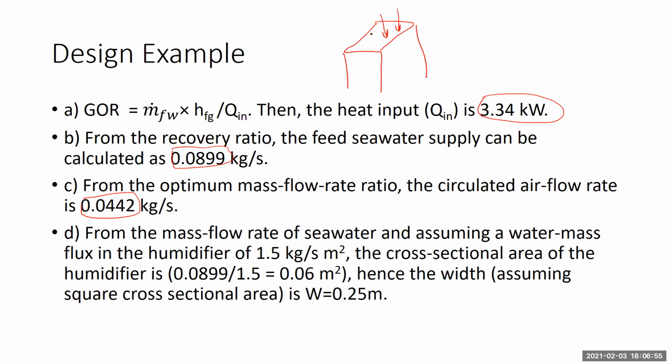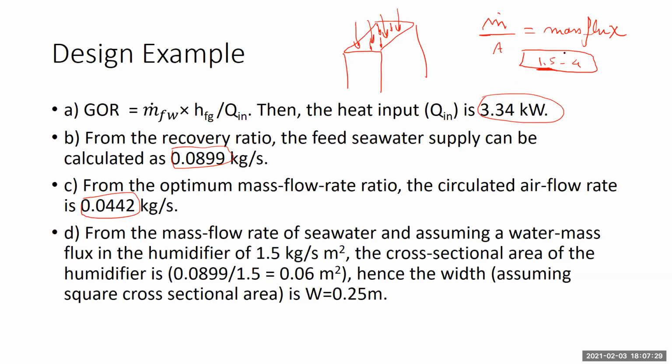If the mass is being sprayed here, then the mass flow rate divided by the area is called the mass flux. The recommended value of the mass flux in cooling towers is somewhere between 1.5 to 4. So we're going to select a value, say 1.5.